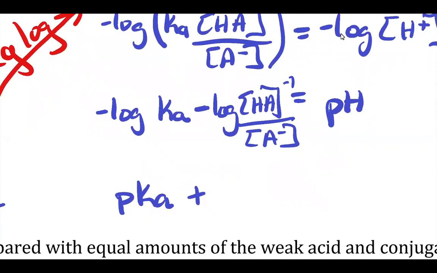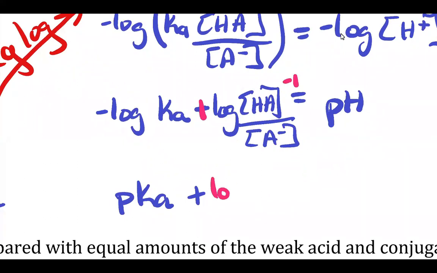So if I have a negative log and then I raise these to the negative 1, here's what it originally is, I'm sorry. If you do it to the negative 1, that turns it into a positive. So now I'm going to bring it down.